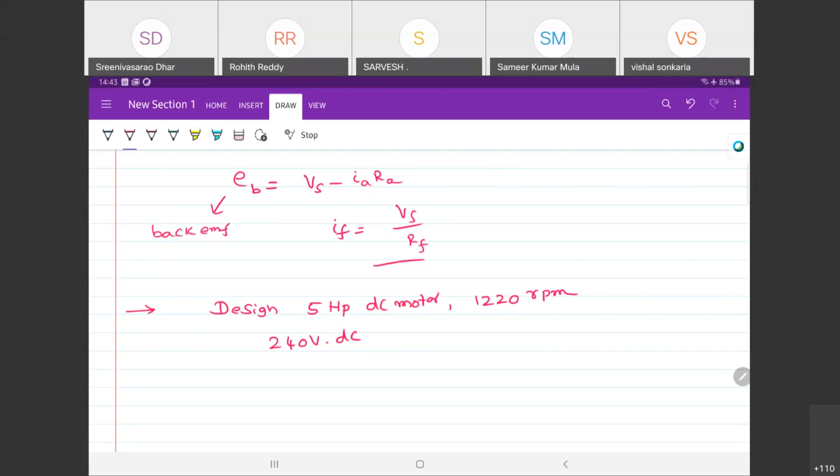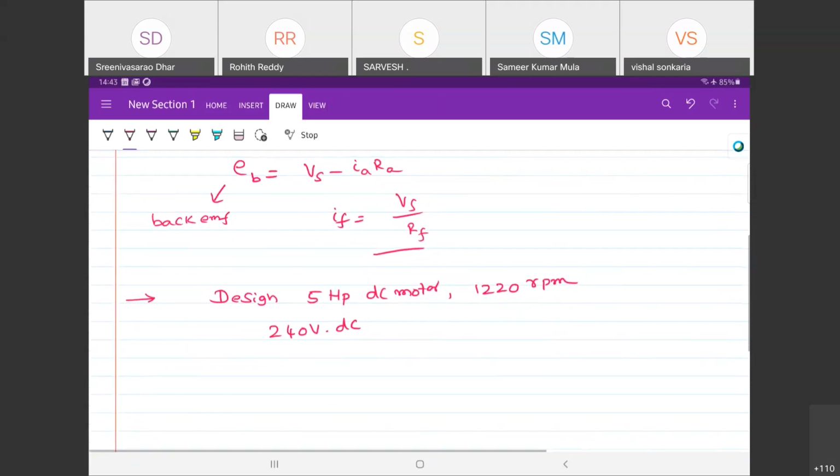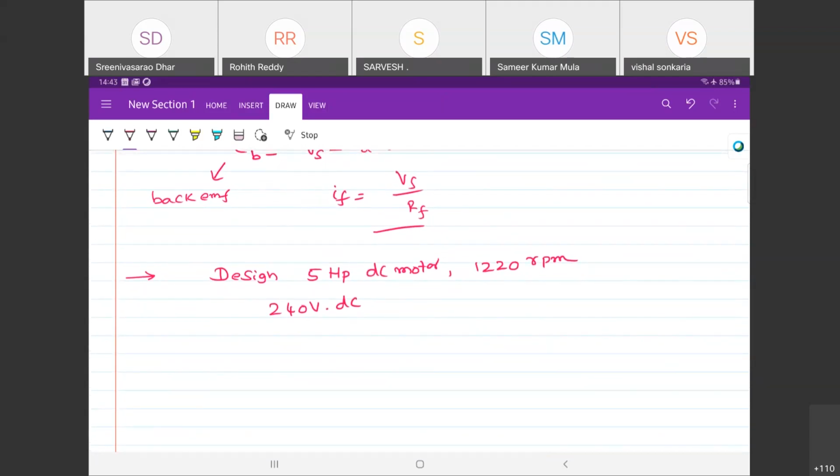So we have to simulate this experiment. When simulating, we need to specify the design parameters for the motor. So I have to design a 5 HP DC motor at a speed of 1220 RPM with 240 volts DC supply, right? That means that motor is fed from a 240 volts DC supply.